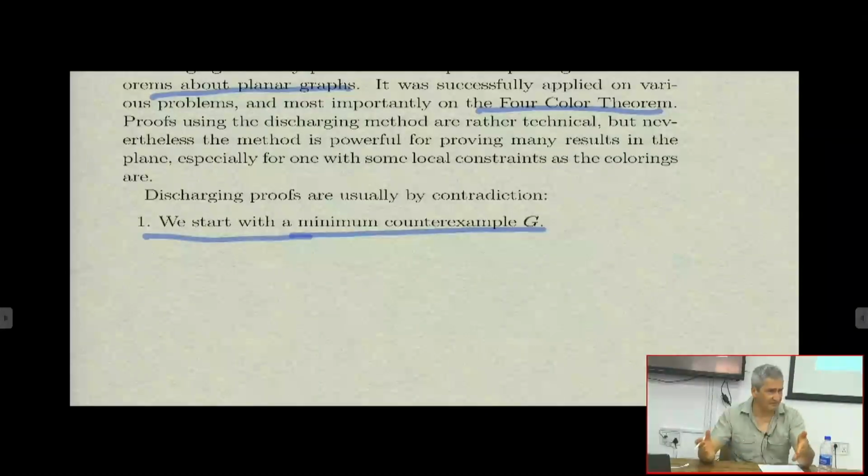Such things, yes? Just to get rid of a little bit of unnecessary things. A good start is some critical graph, if we speak about usual coloring.